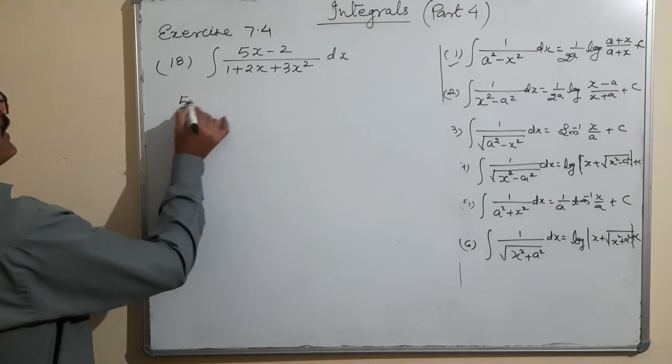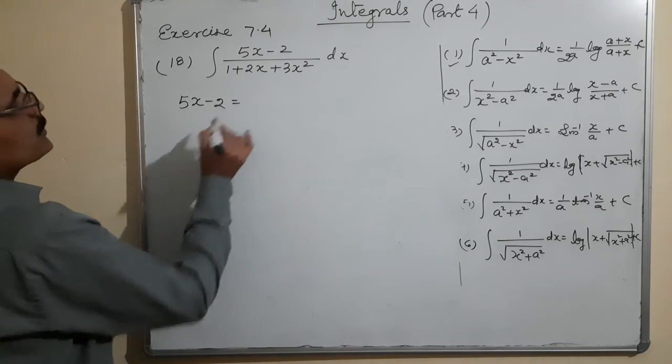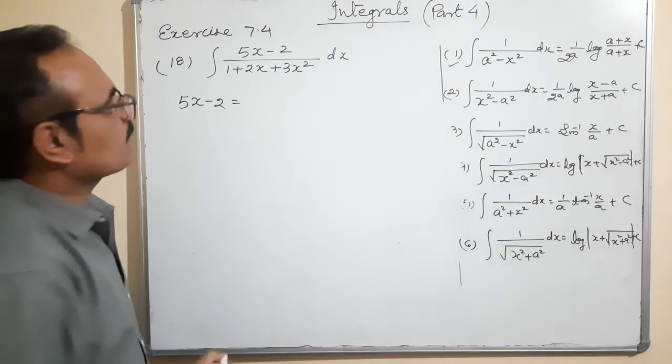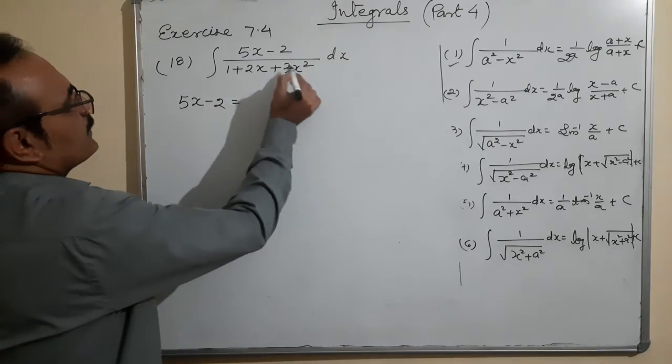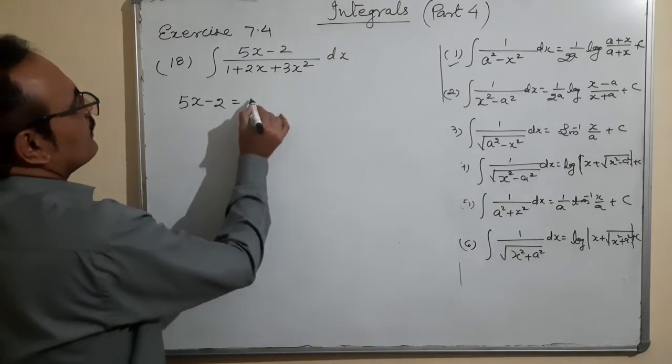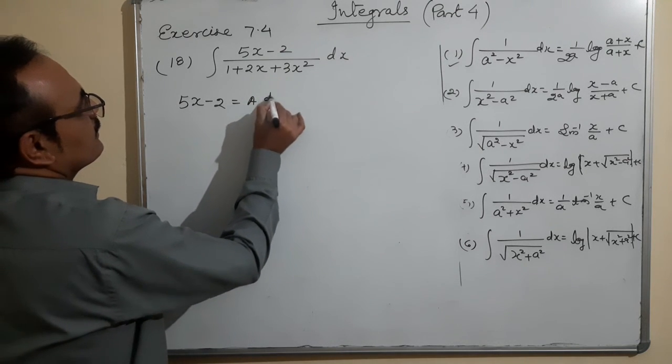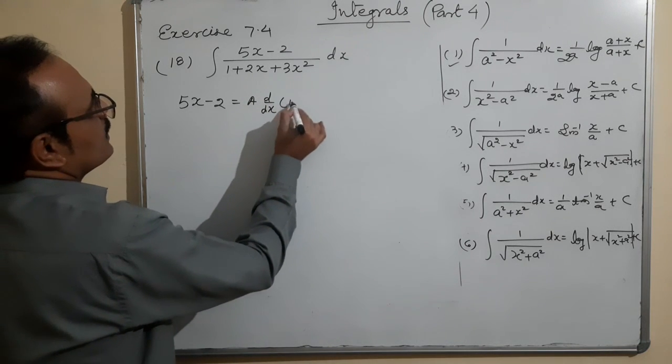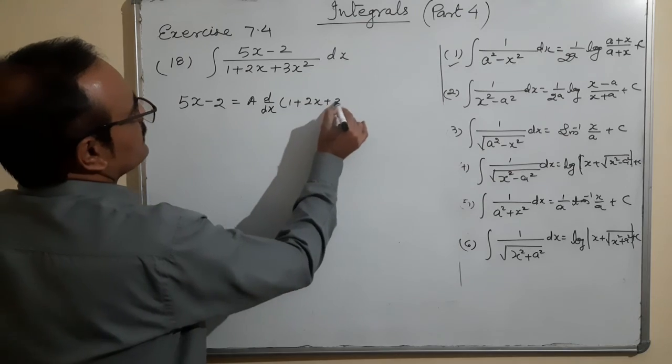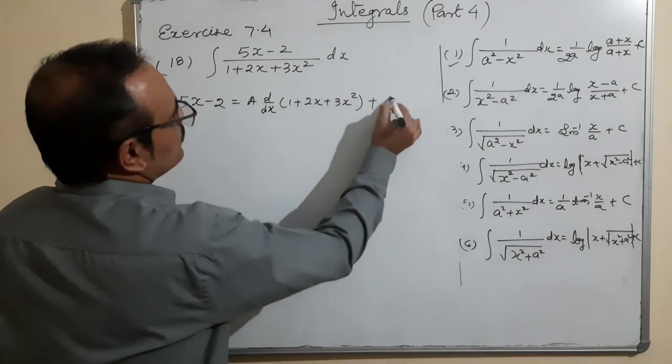Suppose 5x minus 2 is equal to a times the differentiation of 1 plus 2x plus 3x square, plus b.